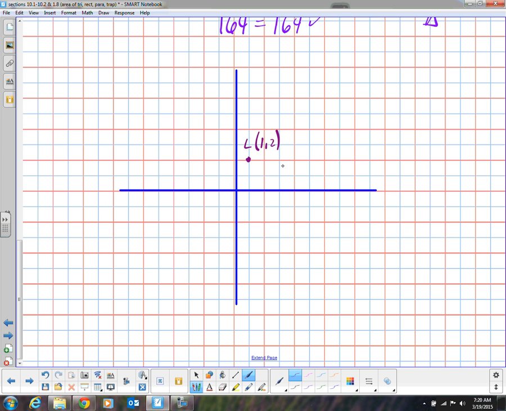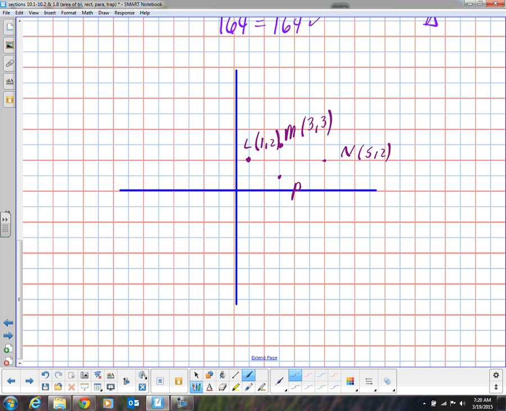That is M. Then we're going to do 5, 2. And that's N. And then we have 3, 1. And that happens to be P.